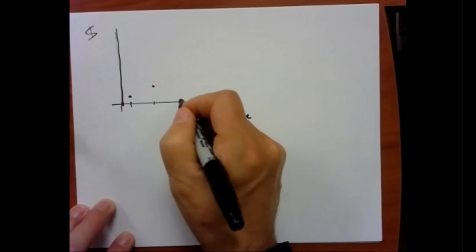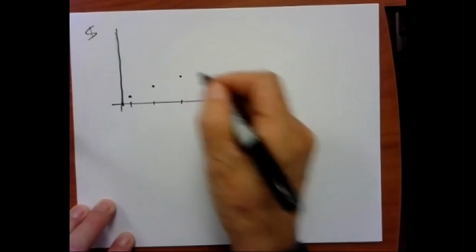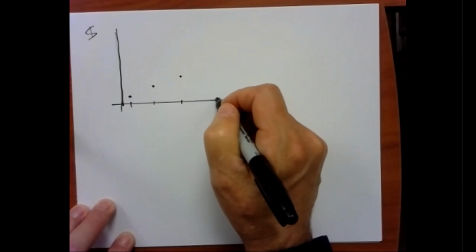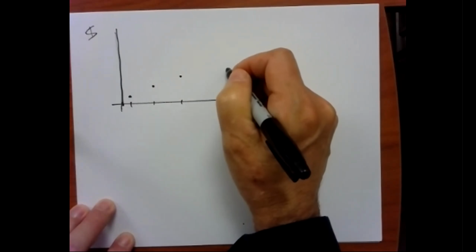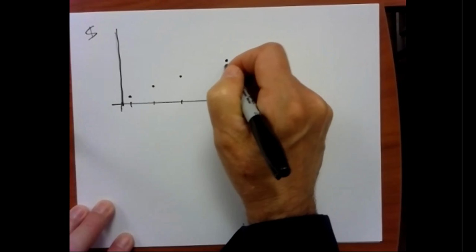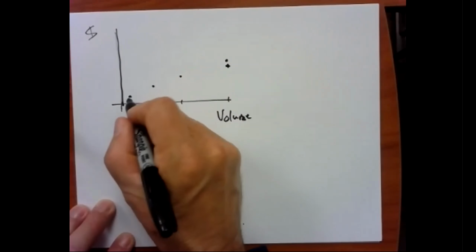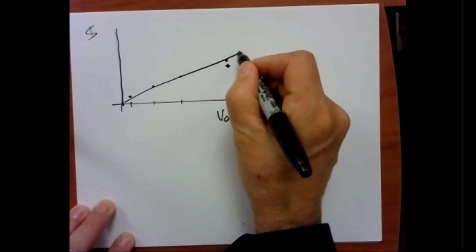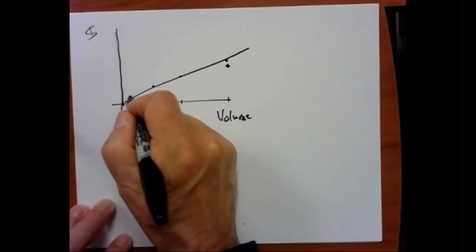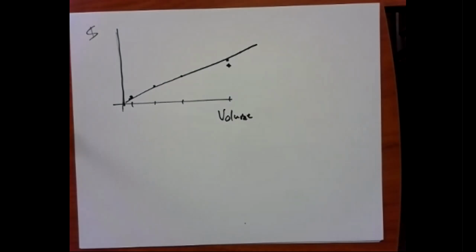If I do 10,000 units, it's going to be $100,000. And if I do 20,000 units, I'm trying to draw a straight line, it's going to be 200,000. So I could draw a sort of straight line based on my dots, right? What's the slope of that line going to be?